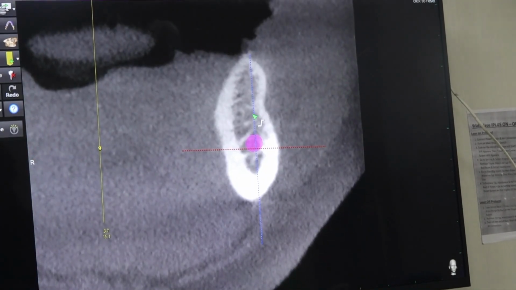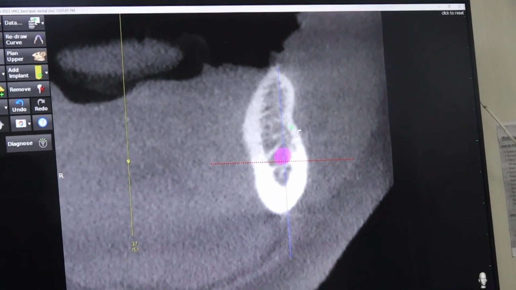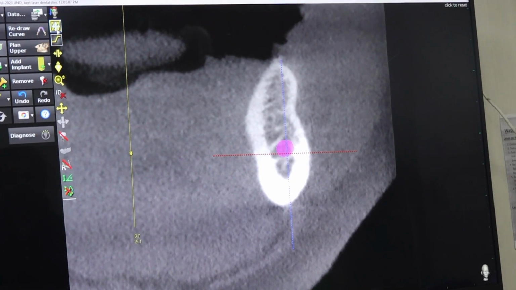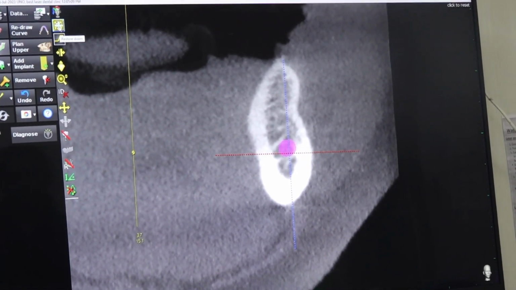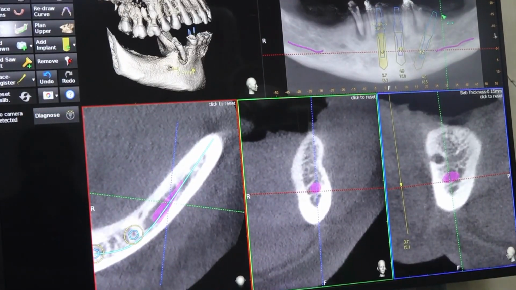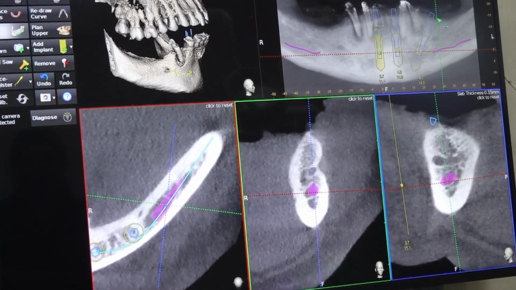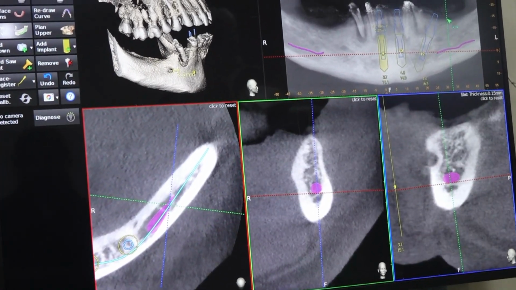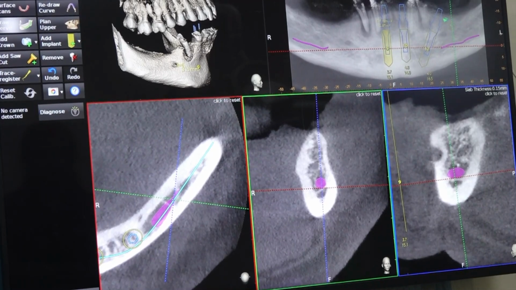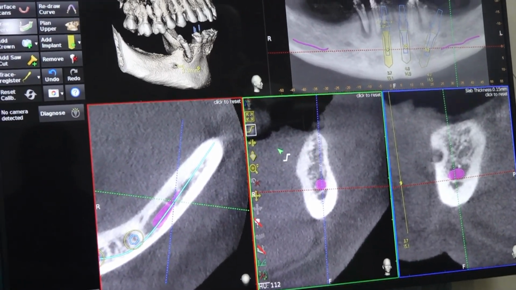Here, on this side, the difficulty is the mental nerve diameter is very thin. If it is very thin, then it is a very risky matter. The more cancellous the bone, the easier it is to curette it out.